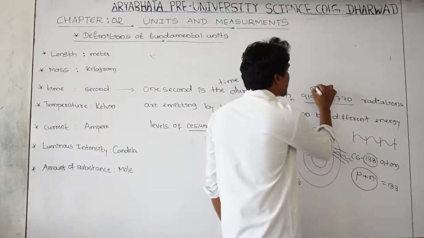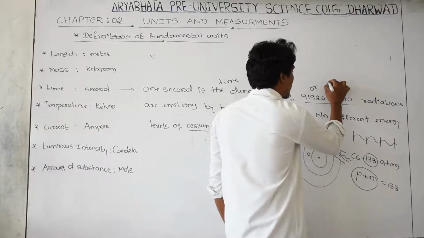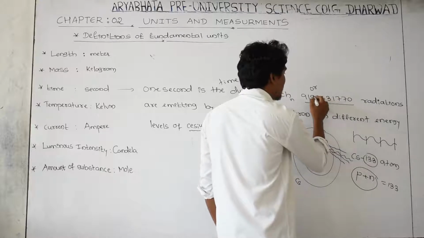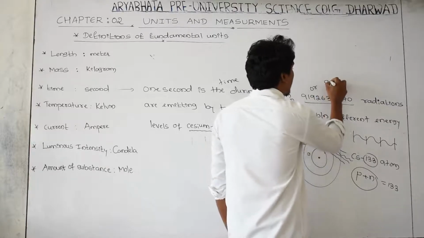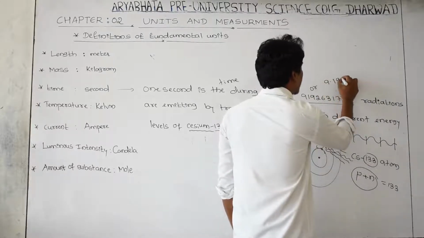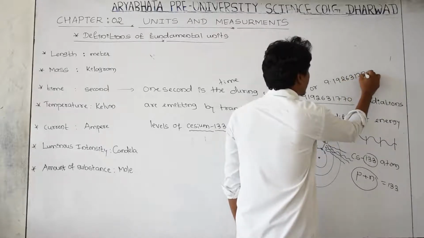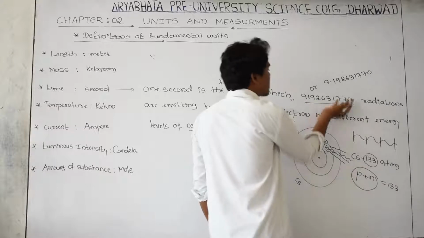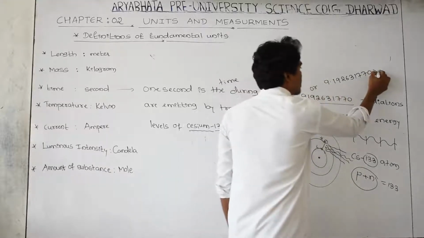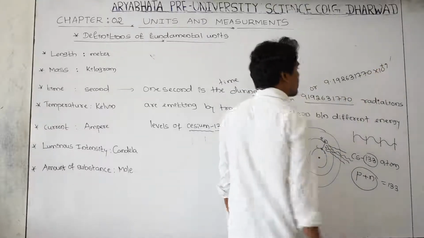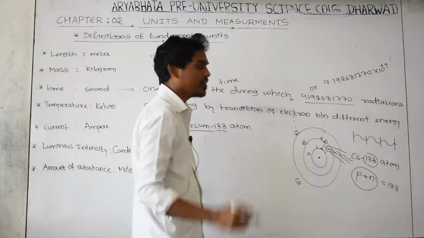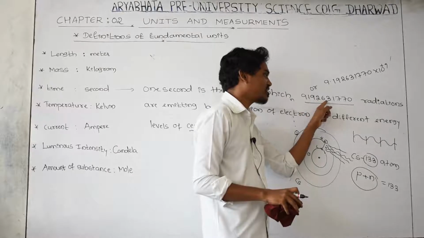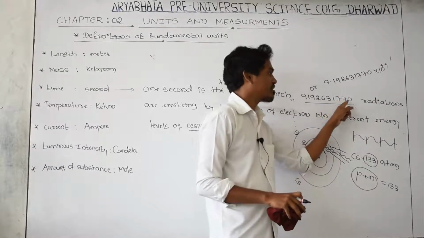In terms of scientific notation, that is 9.192631770 times 10 to the power 9. I shifted the decimal after 9, then made it plus 9. This is scientific notation, or else in terms of value, 919 crore 26 lakhs 31,770 radiations.